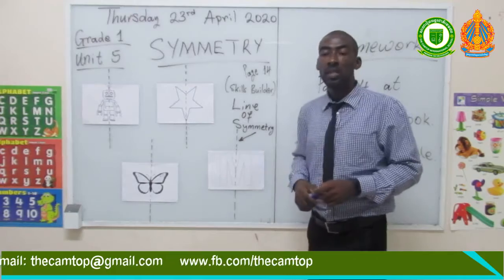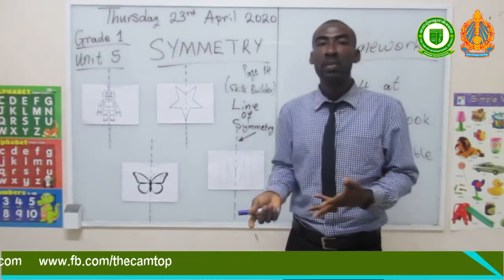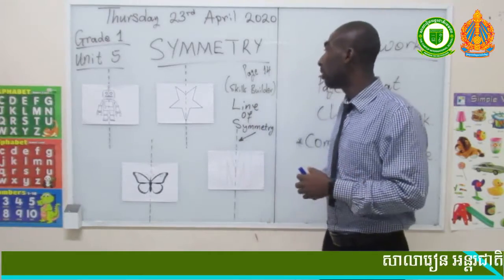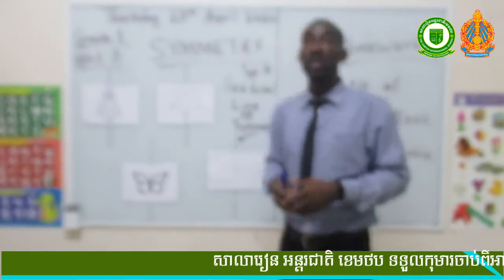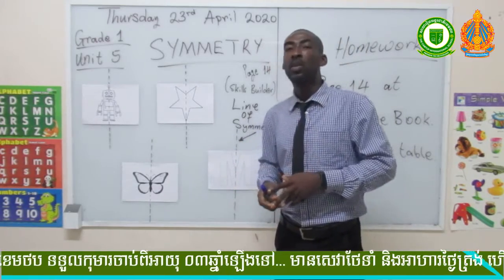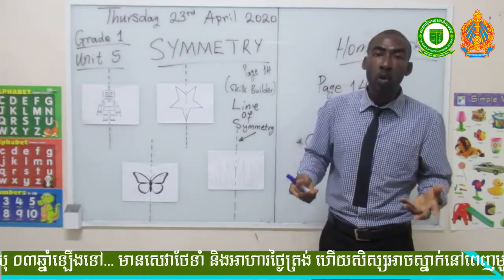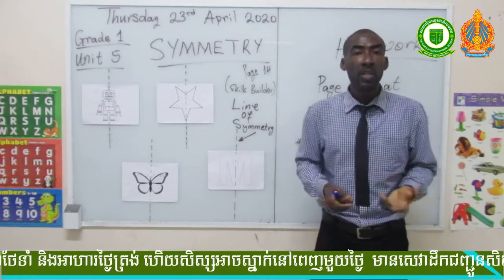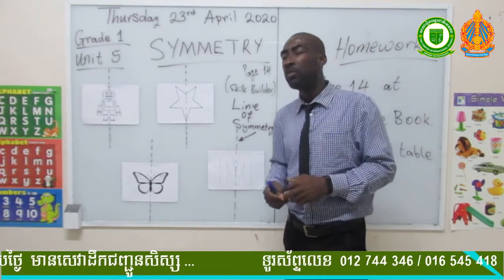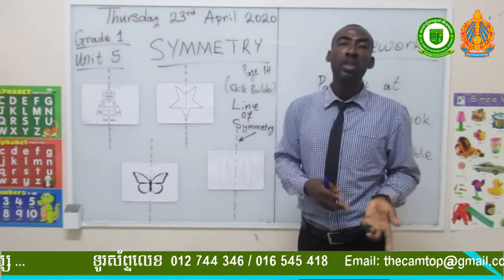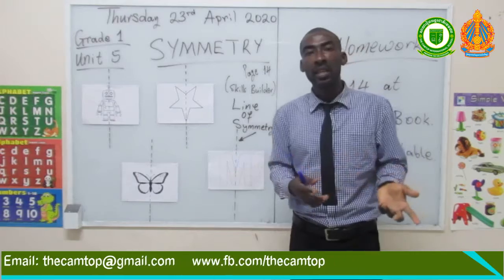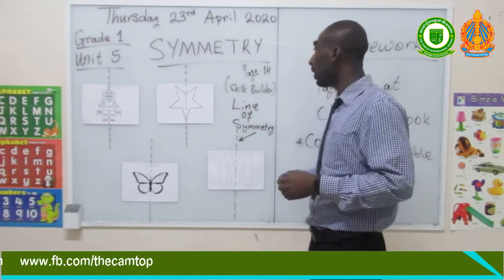Some images you can draw a line of symmetry on, some images you cannot. Some images you can draw more than one line of symmetry, some images you can only draw one. So you look at your image and then you decide what would be the correct line of symmetry that you can put on your image, as you have done in your first and second activities, okay?